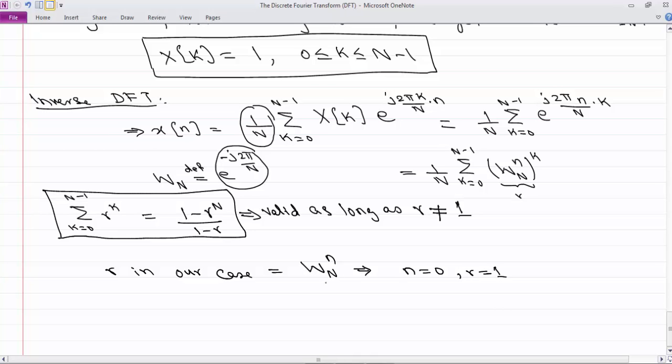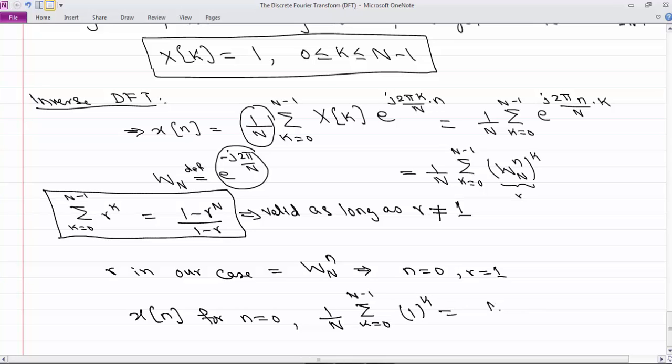Right? If I put in n equal to 0, W_N raised to the power 0, that's 1. So we have to use different cases for n equal to 0 and n not equal to 0. For x[n], for n equal to 0, we'll have to just use the sum as it is. For n equal to 0, it will be 1 over N, summation k from 0 to N minus 1, and that will be 1 raised to the power k.